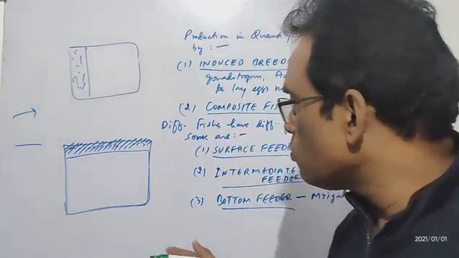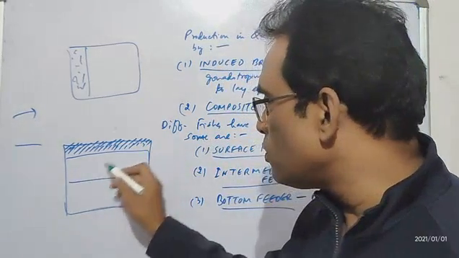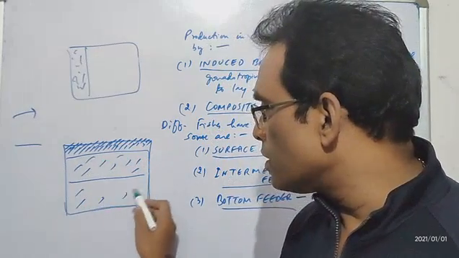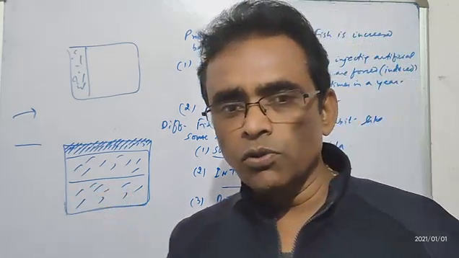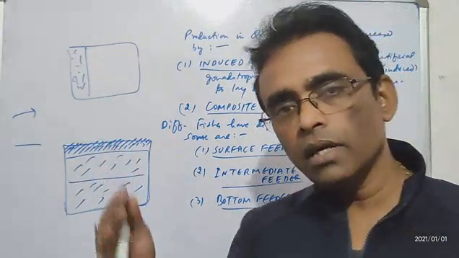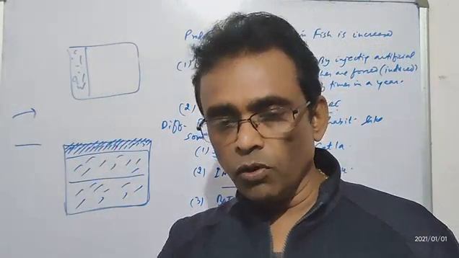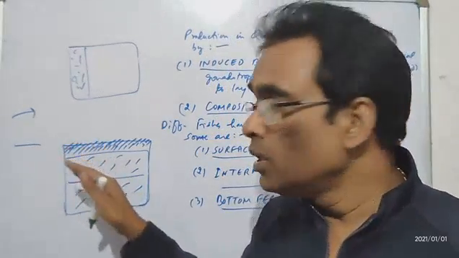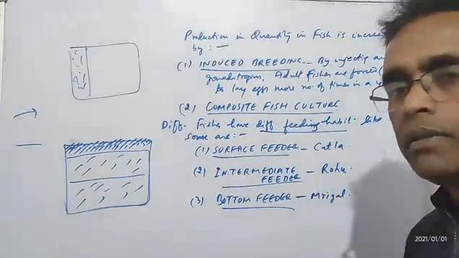So what needs to be done is you must have in your pond certain intermediate feeders and certain bottom feeders, so that you are utilizing maximum part of the pond. So more number of fishes are there, plus all the area and volume of the pond is utilized, and none of them are disturbing the other because they have different feeding habits.